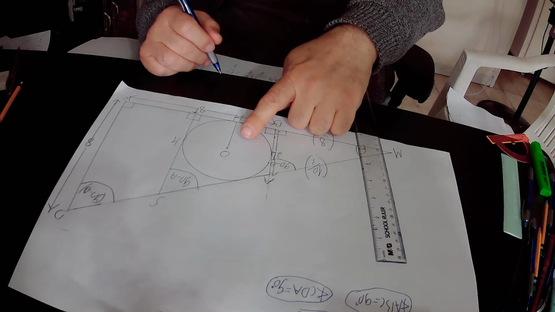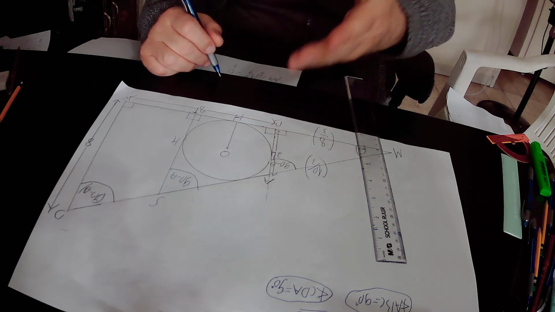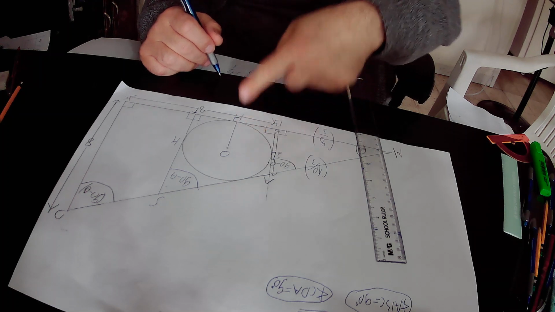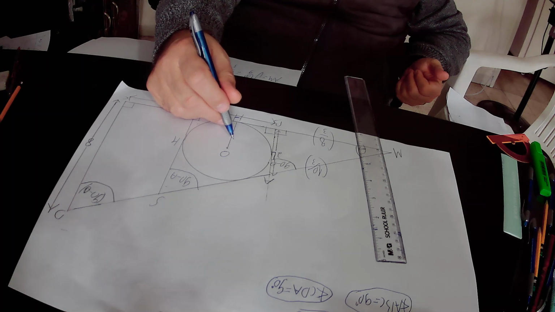Point O is the center of the circle, point H is the point on the circle itself. This is exactly the definition of a radius. Therefore, OH is the radius of the circle and is equal to X, according to our definition.